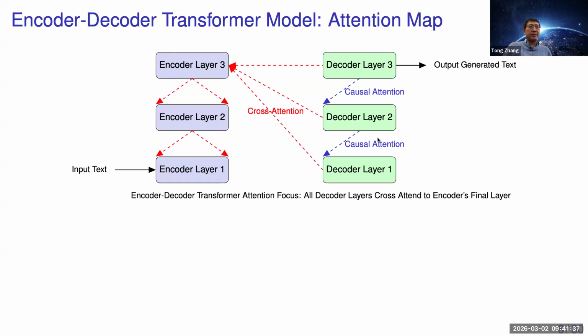So this is the picture we have shown before, and there's Google's T5, which you can still download now, and BART would be regarded as a representative example of this architecture.